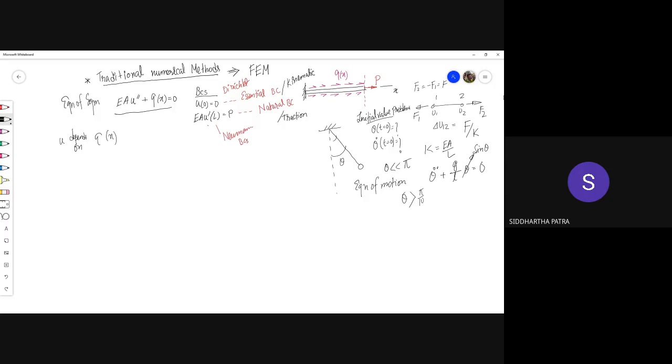Even if you take the example of the finite element method, the very specific one where you model the entire bar using a single linear element, which means u is a linear function of x, c0 plus c1x, for different values of c0 and c1, u is a different function of x.